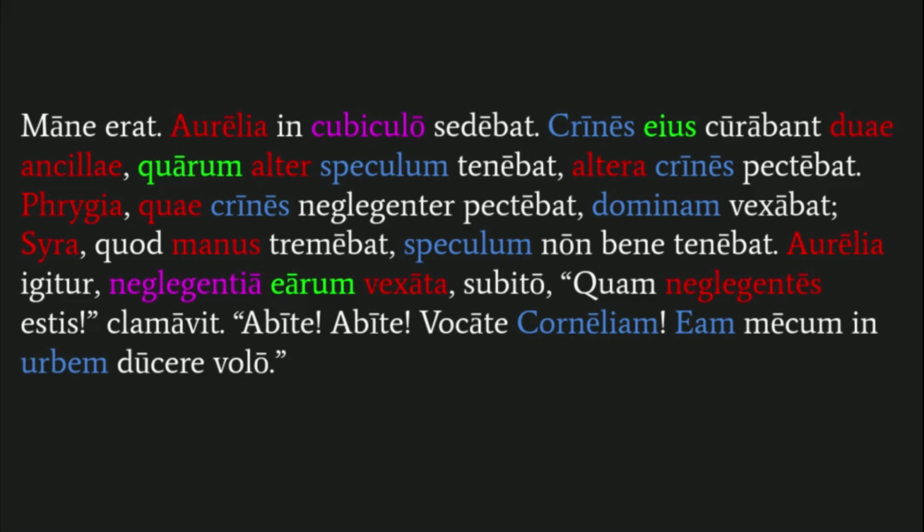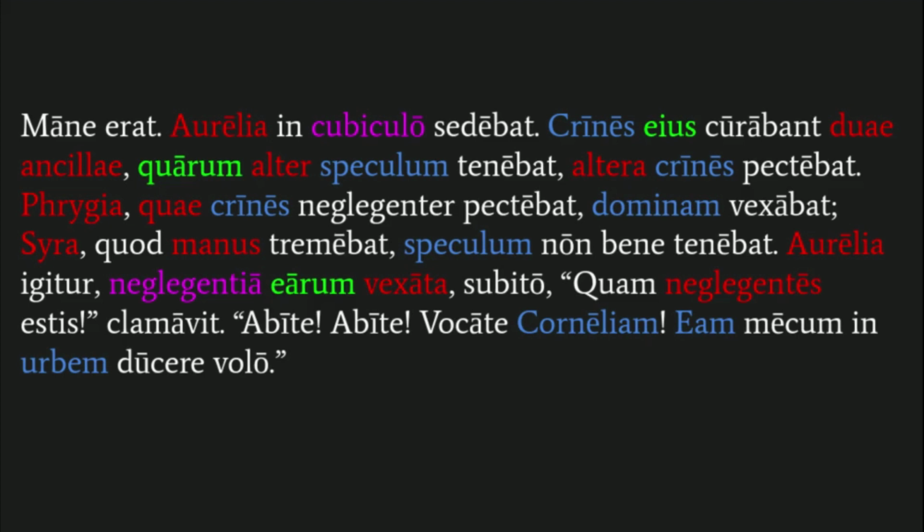But in its own sentence, I'm saying Phrygia, who was combing, she's the subject. So quae is nominative singular feminine here. Because I'm saying Phrygia, who was combing the hair, the crines, negligenter, carelessly, right? I'm giving you more information about the slave and what she was doing. So Phrygia, who was combing the hair carelessly, dominam vexabat, was annoying her mistress, right?